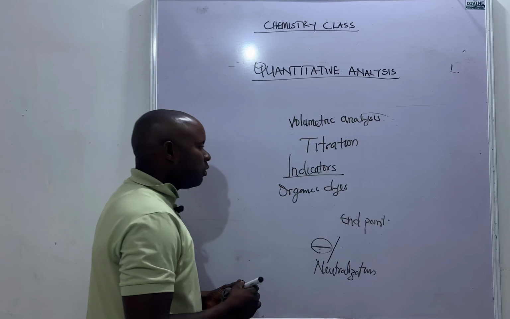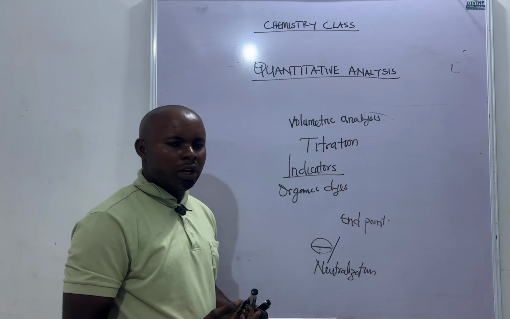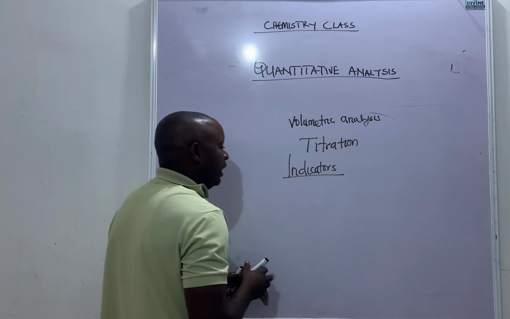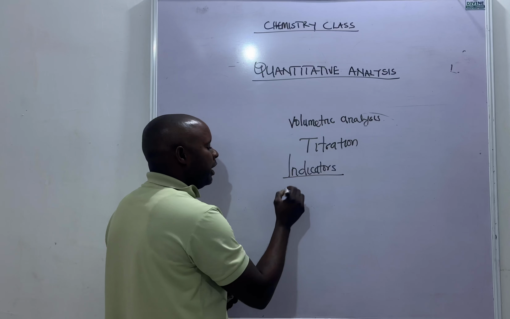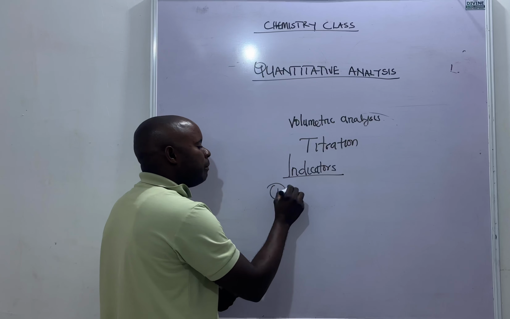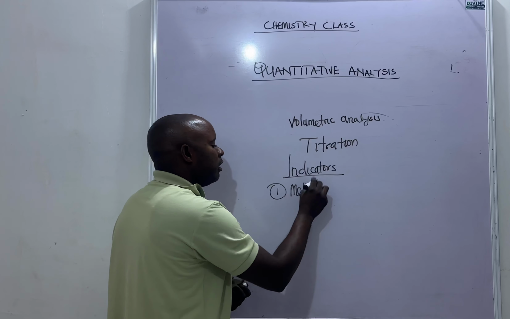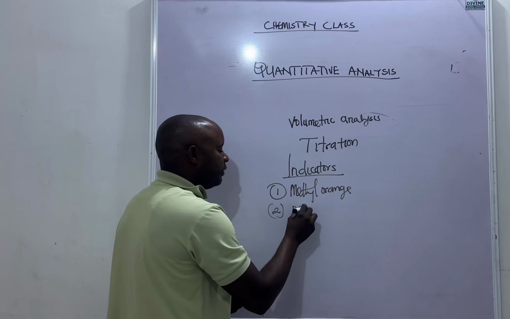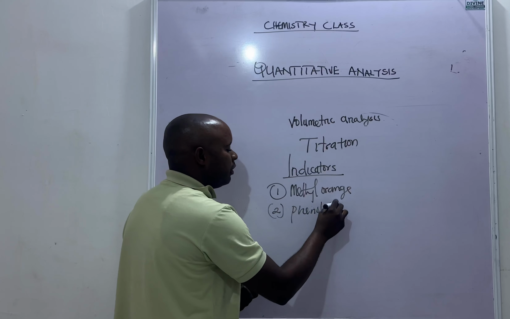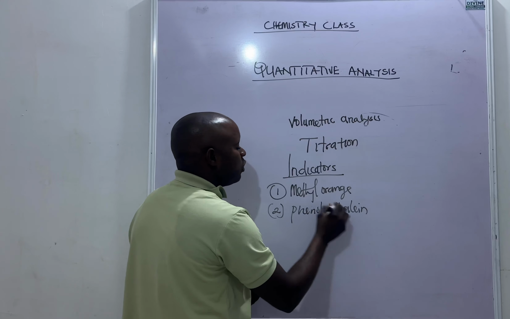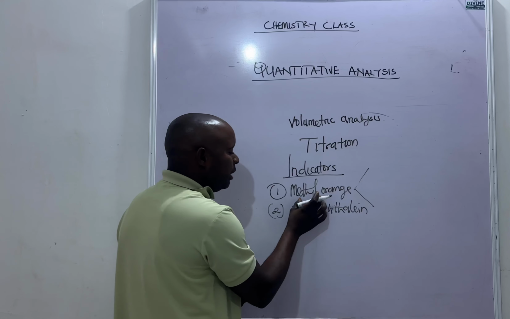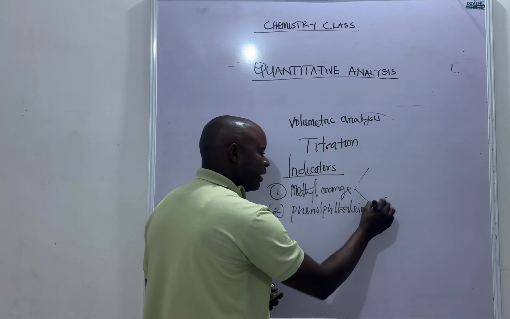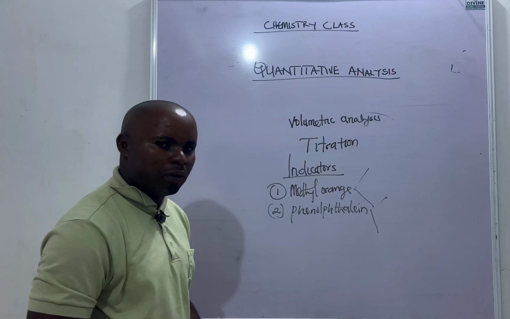We have different types of indicators: methyl orange, phenolphthalein, methyl blue, methyl red, and so on. But in this regard, we're going to talk about methyl orange and phenolphthalein. Methyl orange in acid and base has different colors. Phenolphthalein in acid and base as well has different colors.